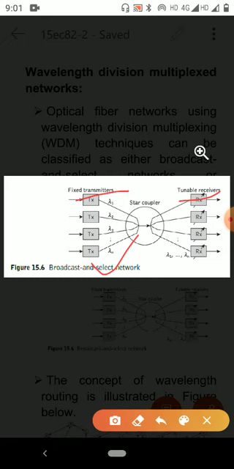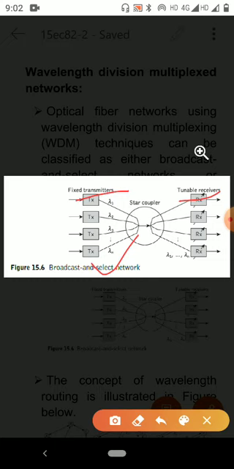It should be noted that all transmissions are broadcast to all network nodes, and hence most of the transmitted power is depleted on the receivers which do not use it. As the number of nodes increases, each station receives a small fraction of the overall transmitted power.